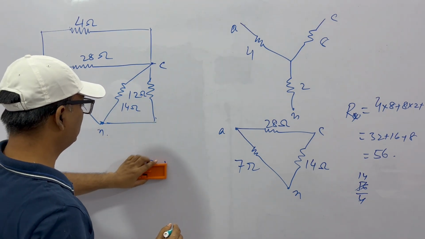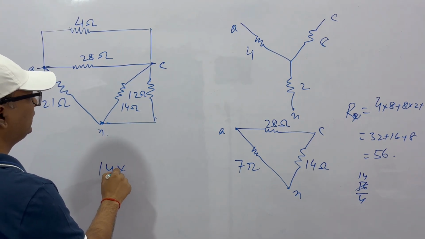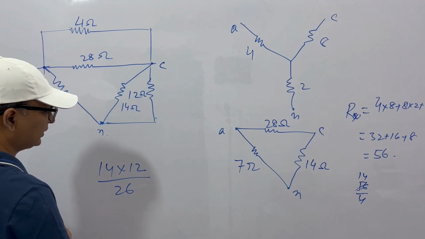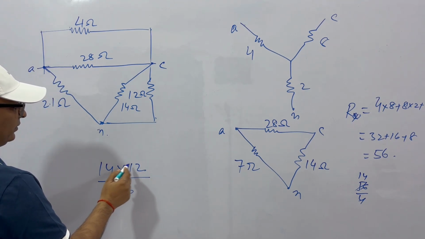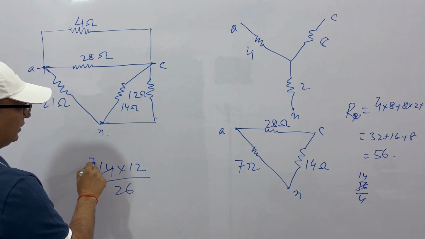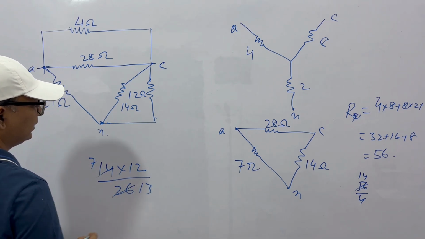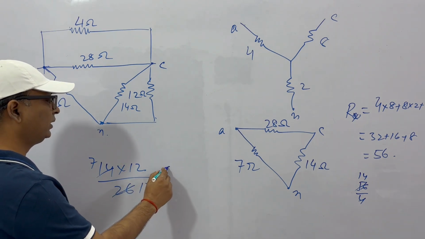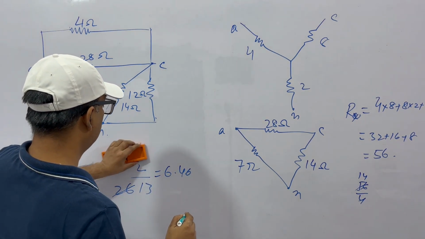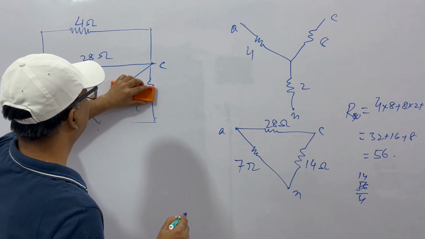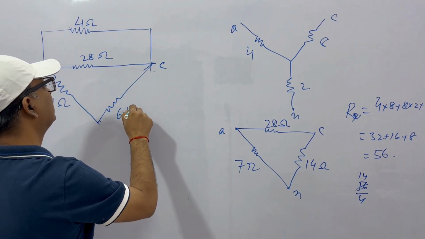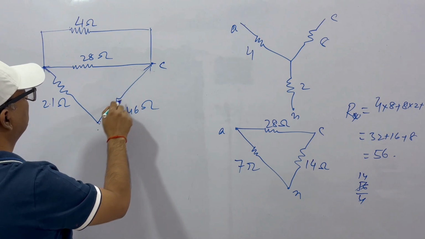So this can be replaced by 14 into 12 by 14 plus 12, that is 26, which comes to 6.46. So this can be replaced by 6.46 ohms.